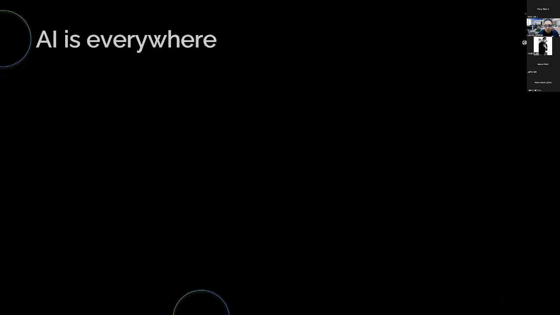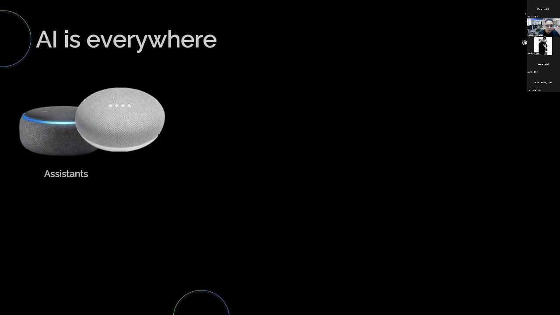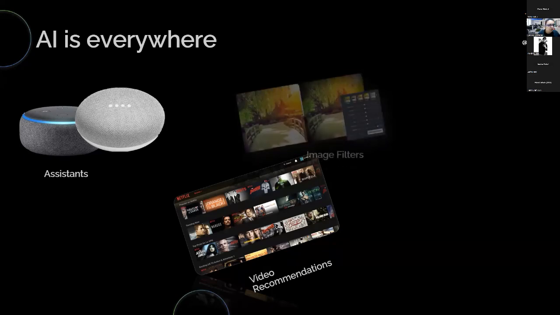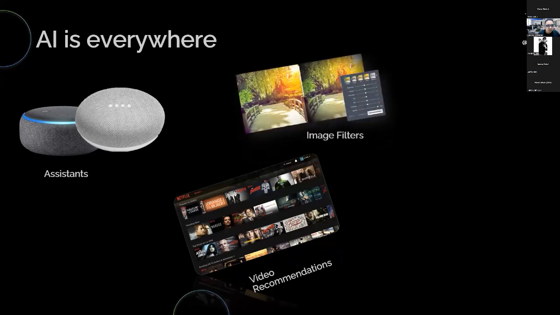Now, why is all this getting so much scope and momentum? It is because AI today is everywhere, right? Assistants like Alexa, Google, and Siri all use AI. Personalization like Netflix or Amazon Prime, where they suggest recommended movies, is using AI in the background. Image filters or video filters also use a lot of AI.